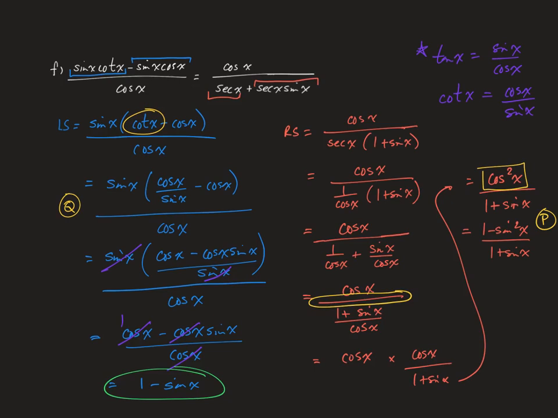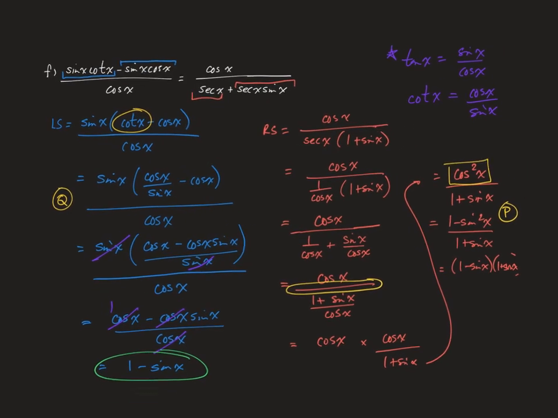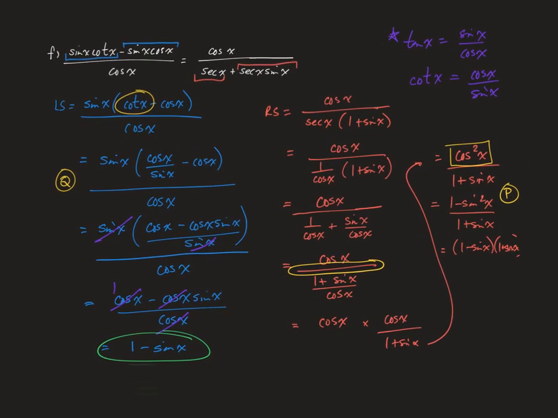Now that I have that, this is just like the last one. I notice on top I have two terms. I have a difference of squares. And so I can factor that difference of squares into 1 minus sine x and 1 plus sine x. I'm just going to shrink that down just a little so we can see it a little clearer.